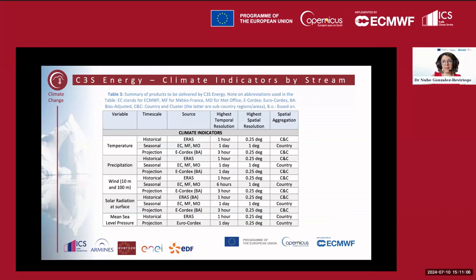So basically, the climate indicators that we are providing in this second phase will be temperature, precipitation, wind speed at both 10 meter and 100 meter, also solar radiation at surface level, and mean sea level pressure. We aim, when possible, to go to hourly resolution, and we will provide both gridded datasets and also aggregated spatial indicators.